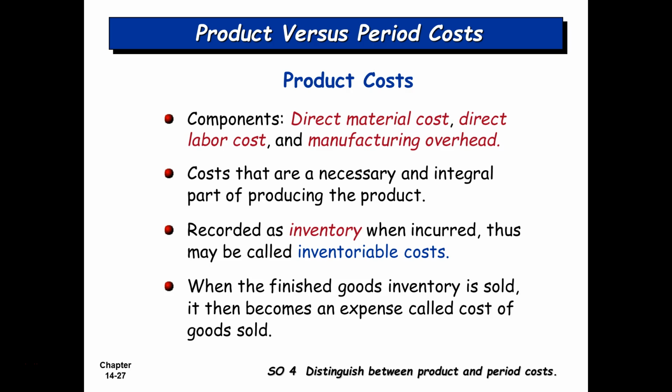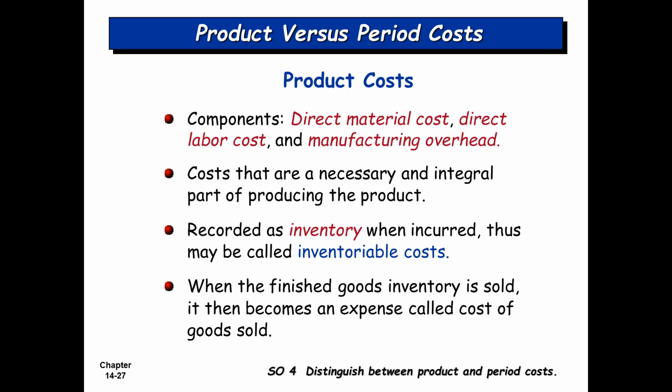They are necessary and integral. These product costs, once this chair is assembled, are going to become inventory. And you might recall from our earlier chapters that inventory is an asset that goes on the balance sheet. So that means this is going to become a capitalized item. It's going to be inventory.